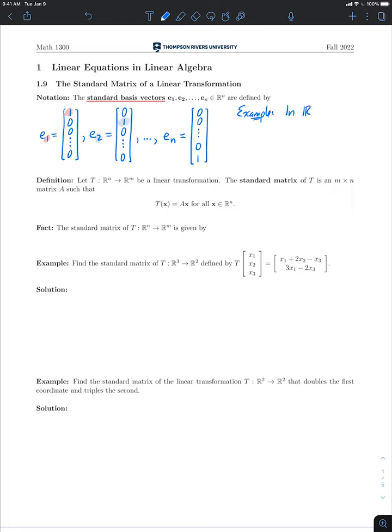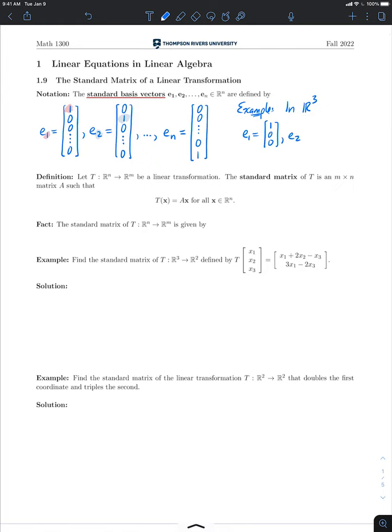In R3, e1 is 1, 0, 0, e2 is 0, 1, 0, and e3 is 0, 0, 1. If you're talking about R4, then your standard basis vectors would be 4-dimensional vectors, and you'd have 4 of them.